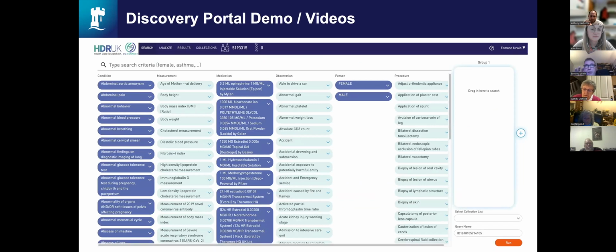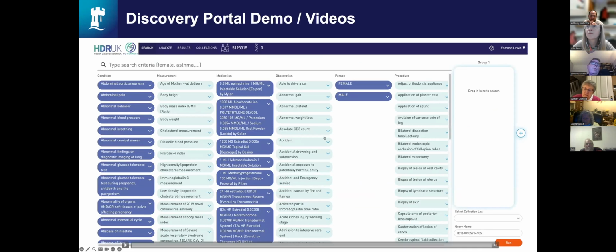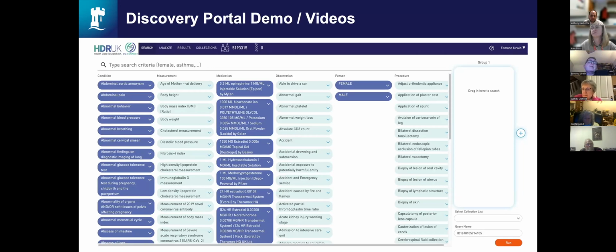And this is for discovery. This is not for access. All items within are anonymized or pseudonymized. There is no personally identifiable data, so things like dates of birth are rounded or an age is given. There are no postcodes.